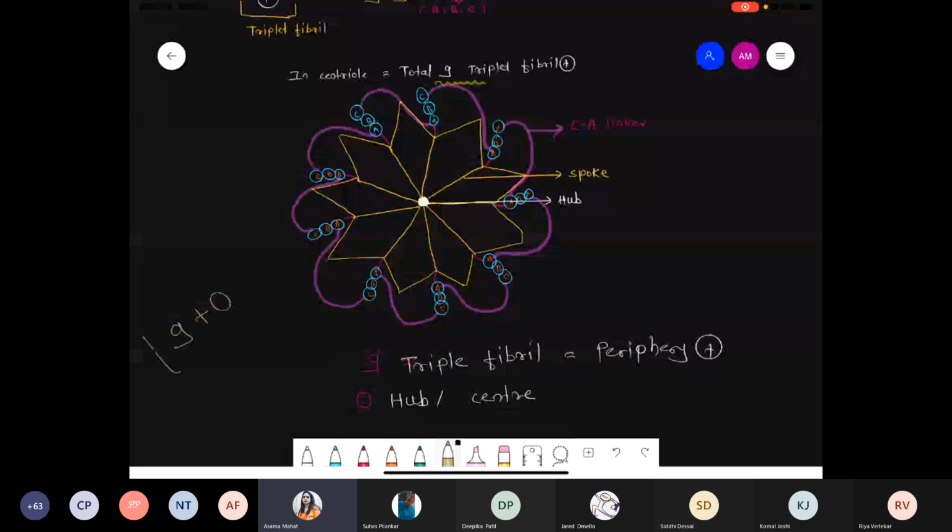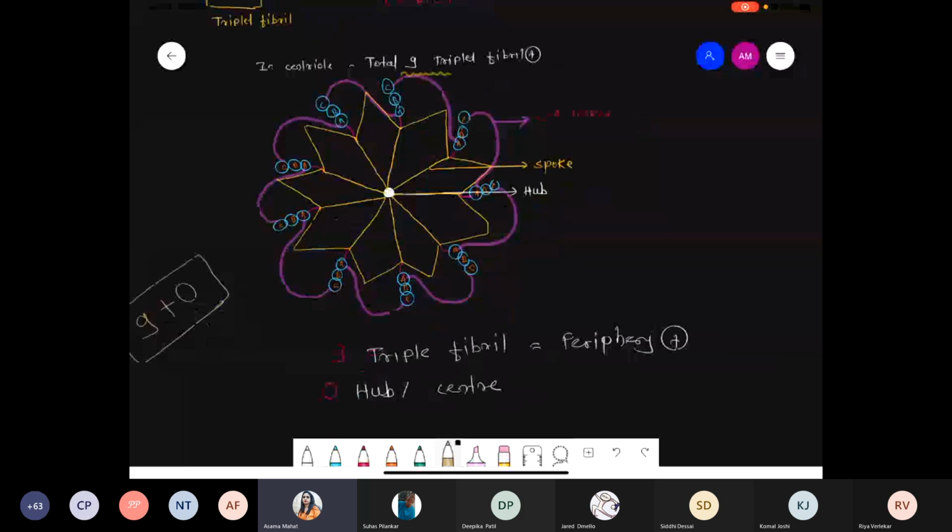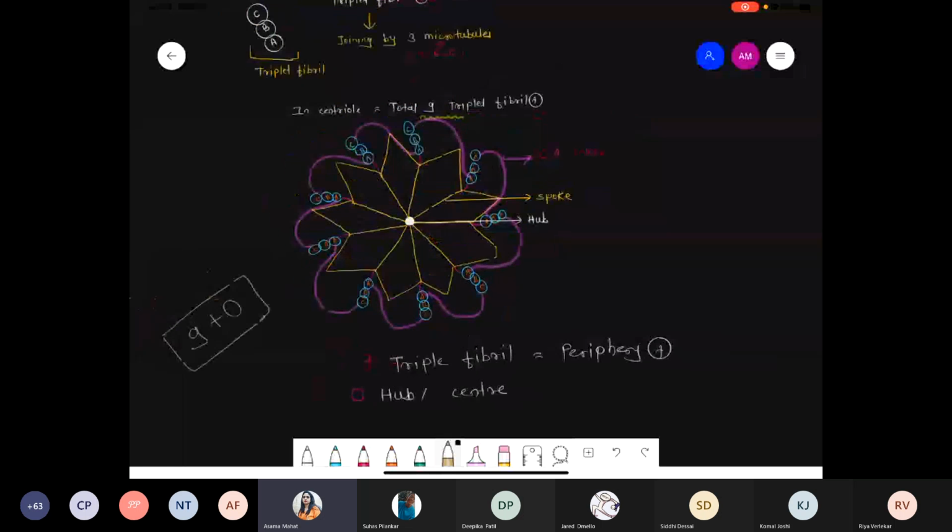Triplet fibrils are present on the surface, towards the periphery. And all these microfibrils, because there is no plasma membrane, there is no boundary, are made up of a simple protein, that is tubulin protein. So the hub is present and provides extra support.